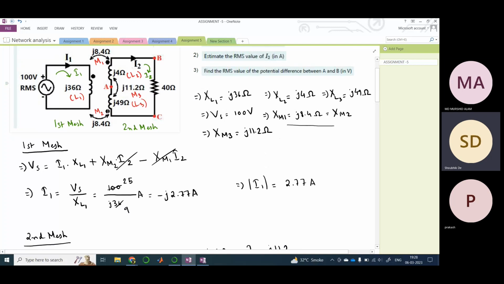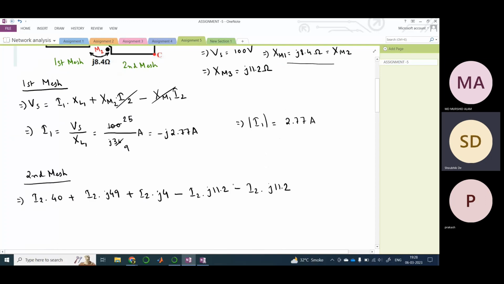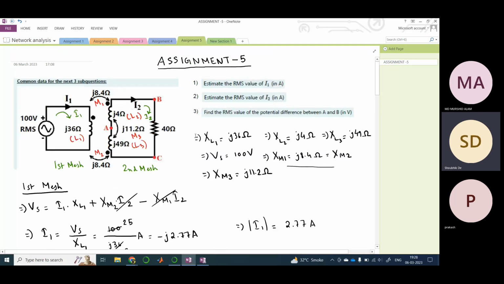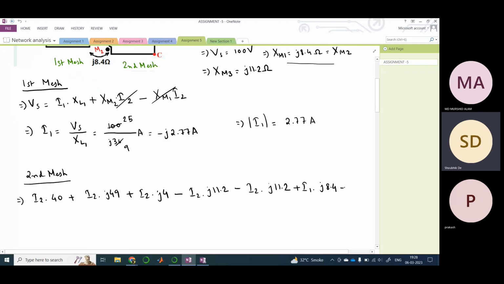So entering through the positive side, this is also entering through the positive side. Therefore, plus I1 into J8.4, right? And here it will be negative because I2 is entering through the negative part for inductor L2, and here it is entering through the positive part. So therefore, minus I1 into J8.4, and this will be equal to 0.